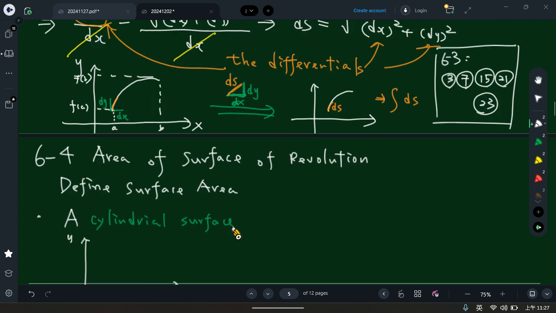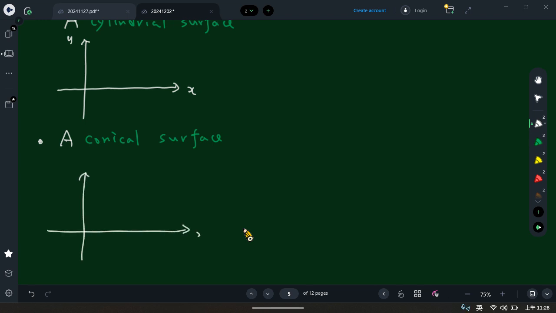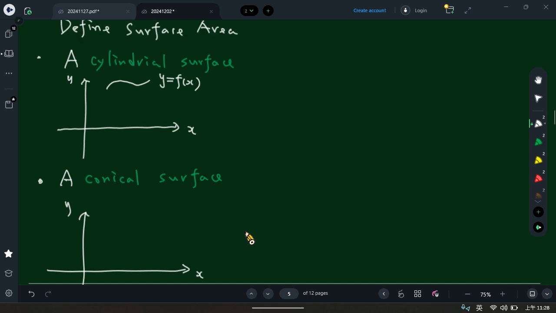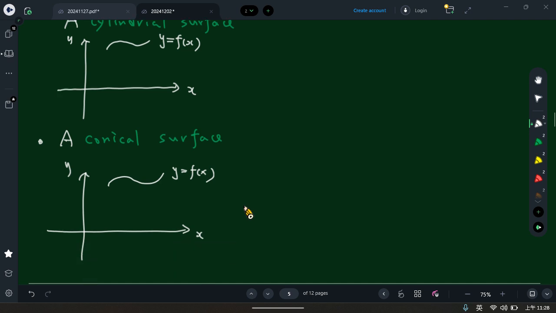We also have these two, but for y equal to f of s, when you just use the cylindrical surface, the result will be different from this one, if you adapt it for the conical surface.